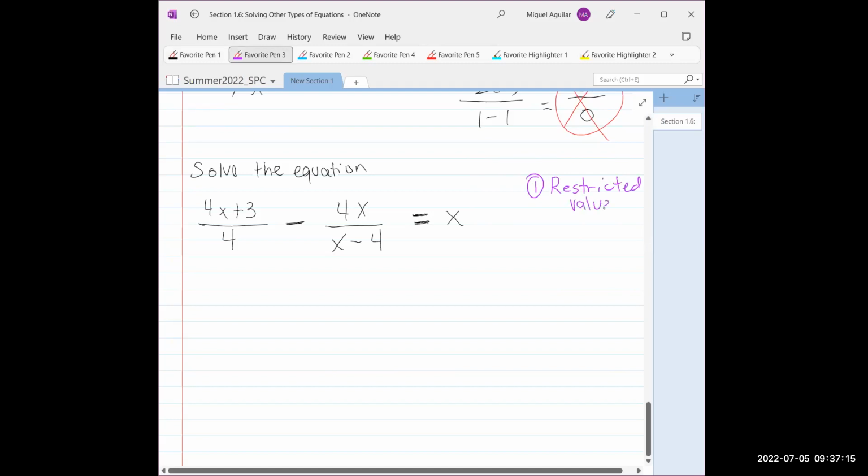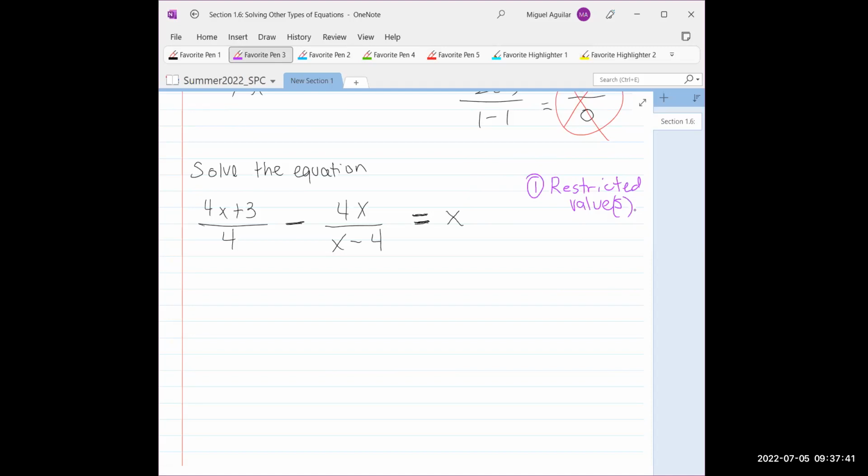Why do we need to do that? For these equations, let's say we do all the math we're going to do in a second, and we get to the end of the problem with our solution set, but that solution set just contains numbers that we know are restricted, that force us to divide by 0.